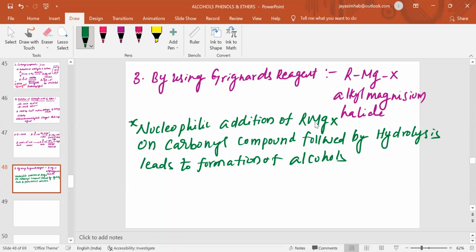According to this statement only, the mechanism of the reaction will happen. So that we are going to see now.